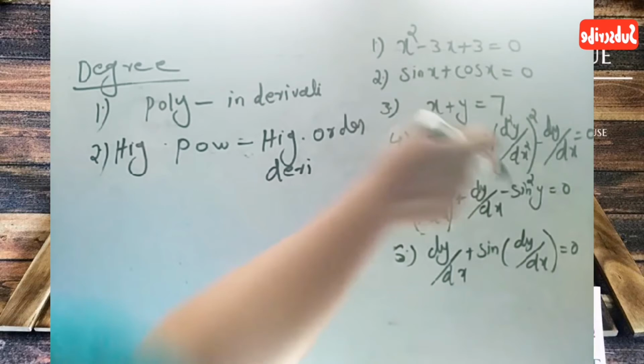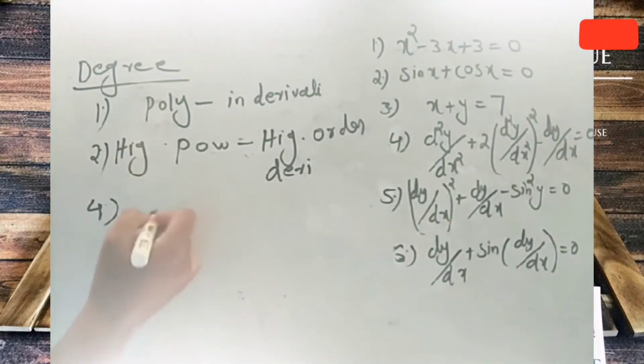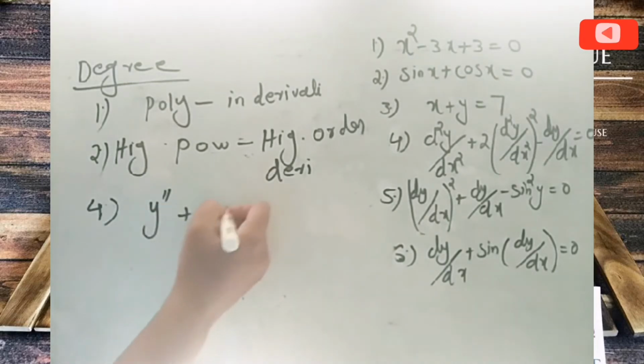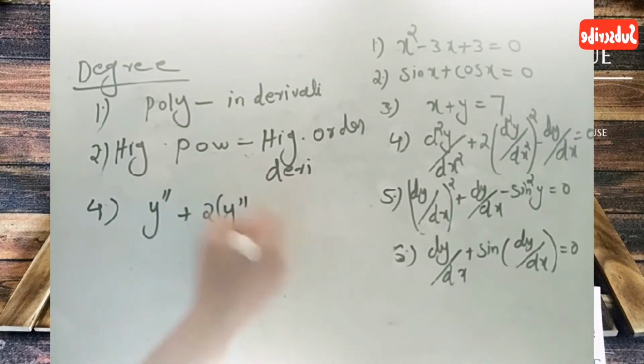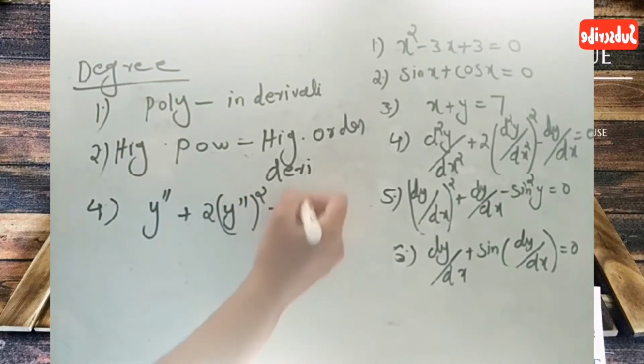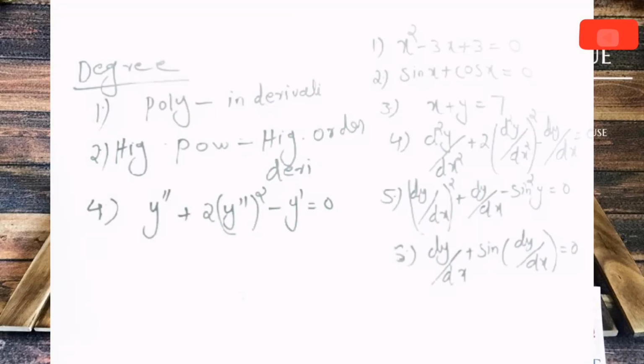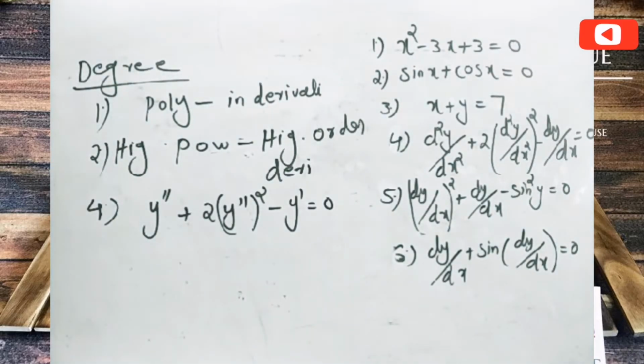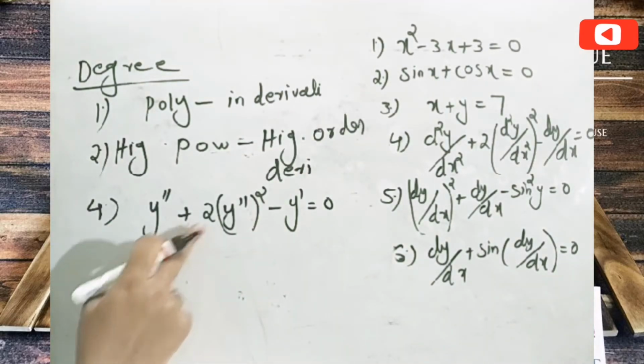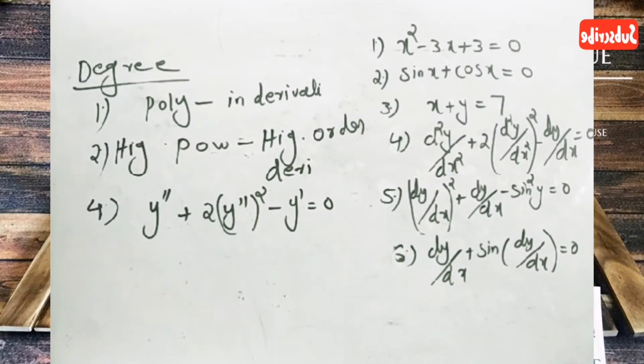This d²y/dx² we can write as y'', the second order derivative, so y'' + 2(y'')² − y' = 0. If we replace d²y/dx² by y'' and dy/dx by y', we get the fourth equation as y'' + 2(y'')² − y' = 0.